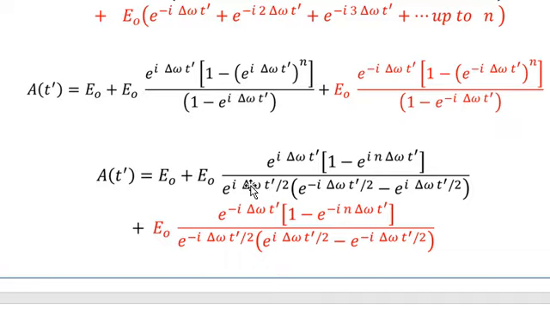This has been taken as a common factor, and the rest of the two factors in this bracket is shown over here. If you multiply this factor inside this parenthesis, you will get back to this result.